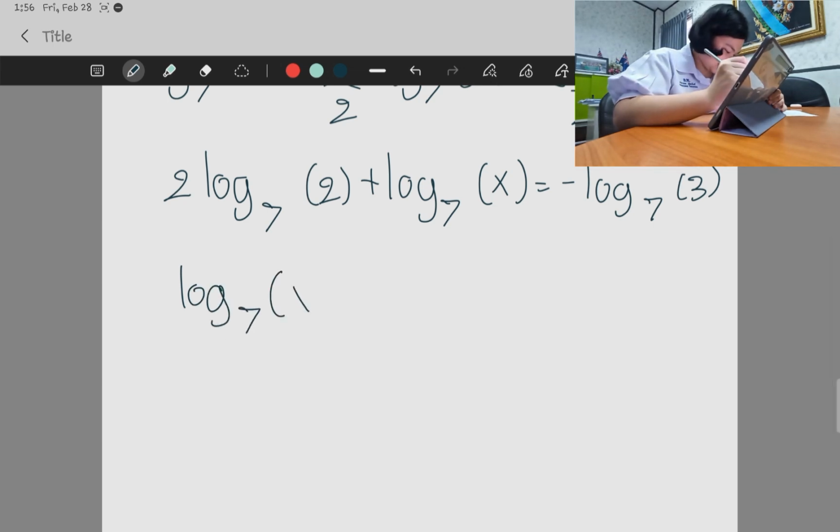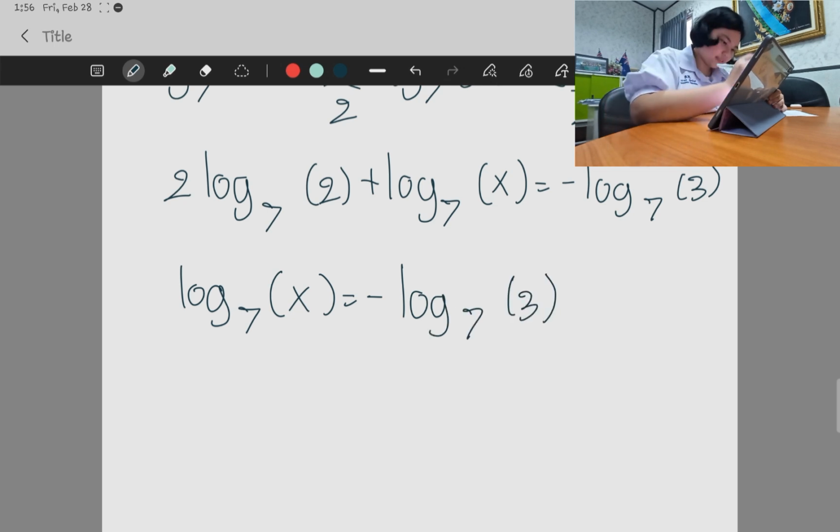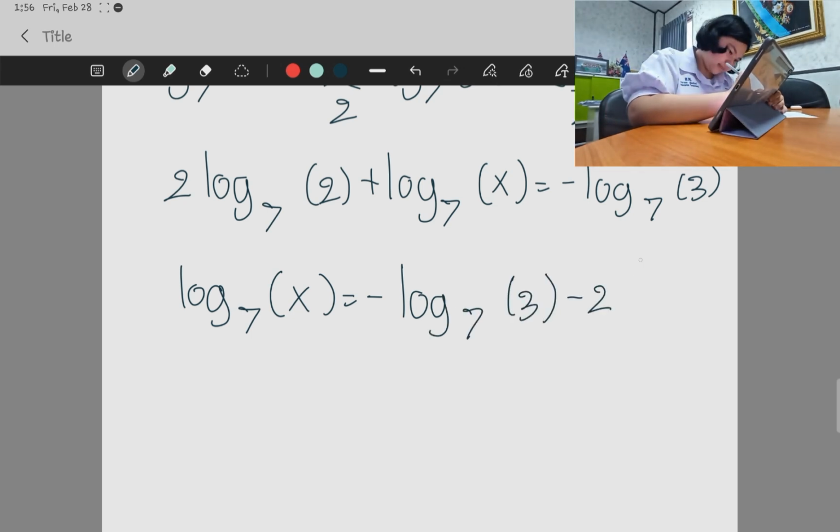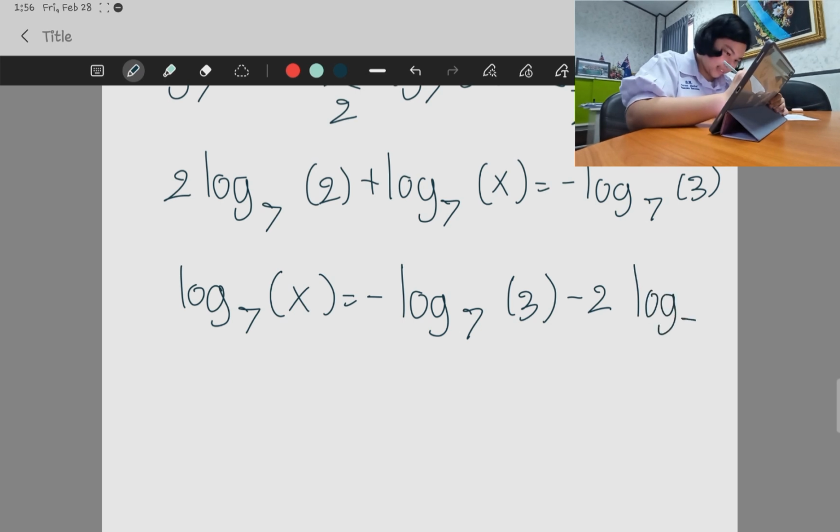Log 7x equals negative log 7 3 minus 2 log 7 2.